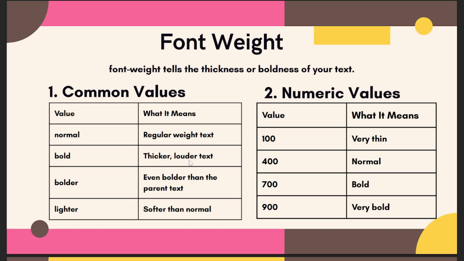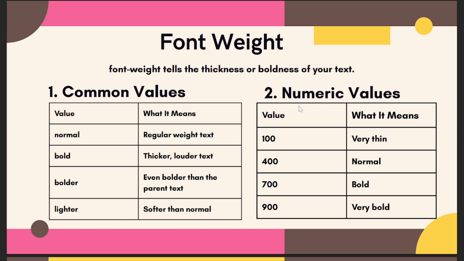When you say font-weight as a CSS property and then add your colon, you can decide to say normal, bold, or bolder. You can also use numeric values if you do not want to use these words.